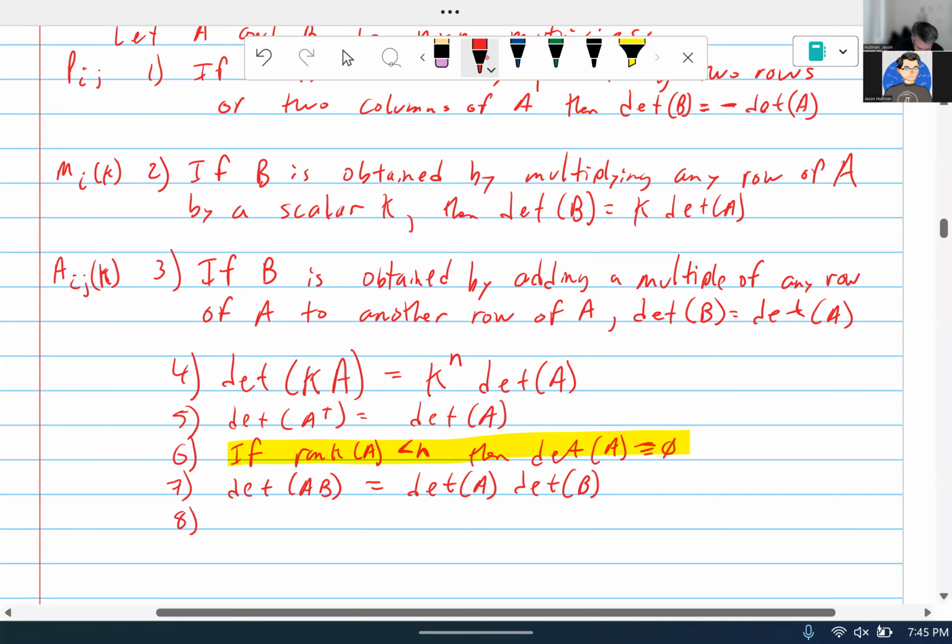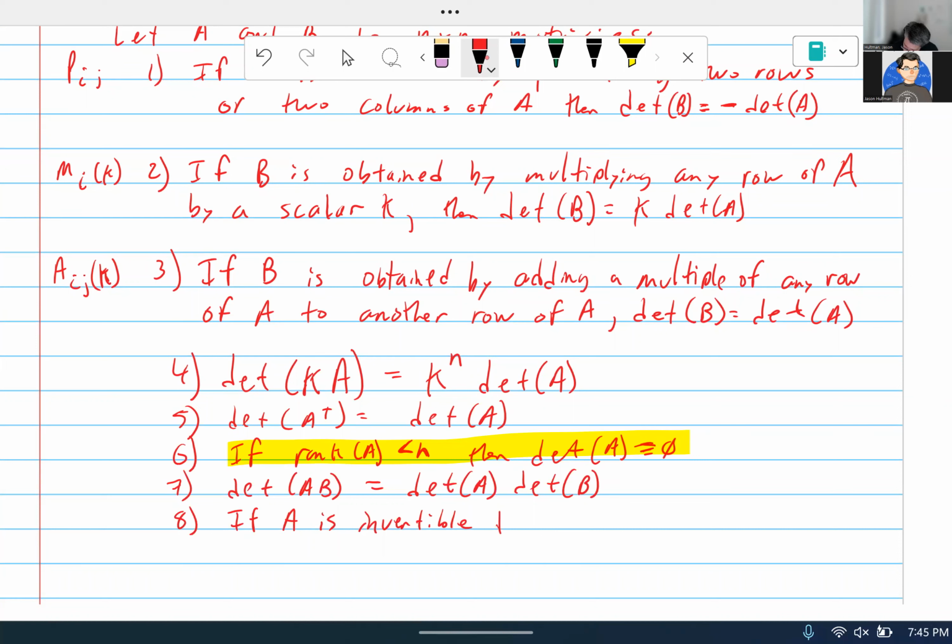Okay, number 8. If A is invertible, then the determinant of the inverse is equal to the reciprocal of the determinant of the original matrix.